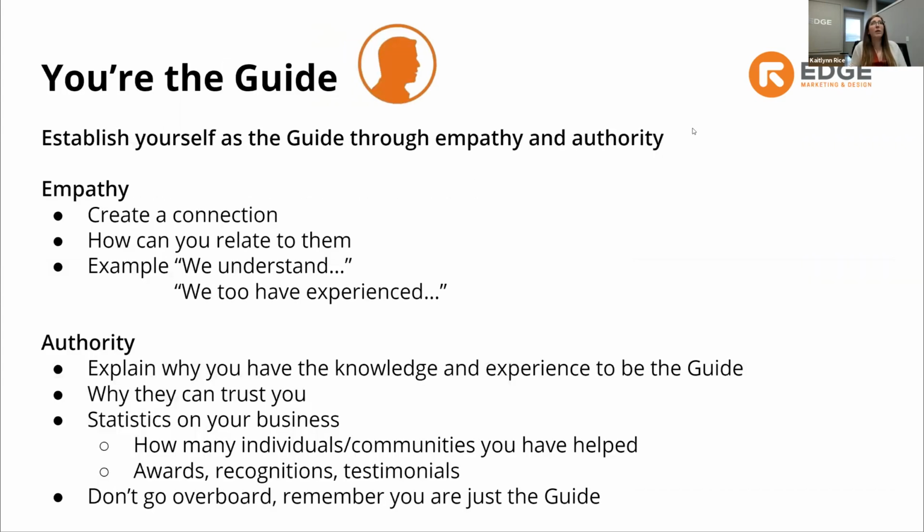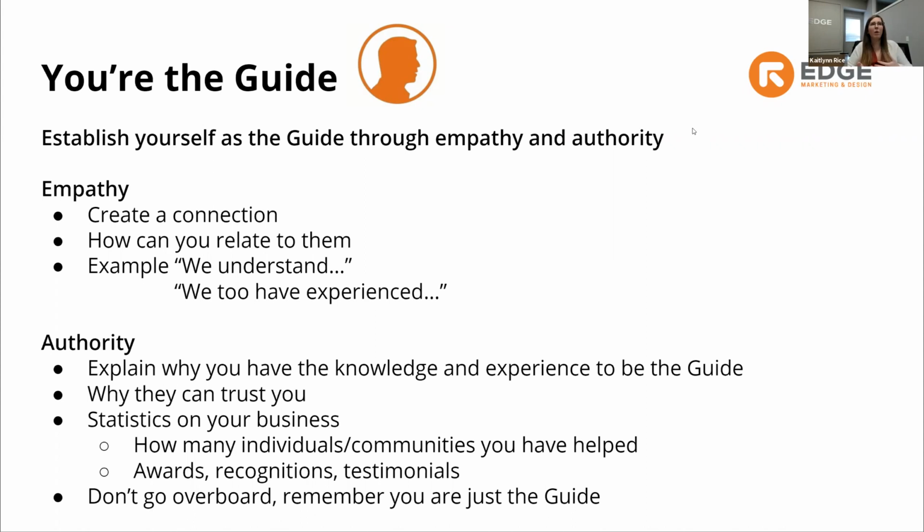So once we identify who your customer is, what they want and what they experience, we can introduce your company as the guide. As the guide, you're going to guide your customer through how you are going to be able to help them. By establishing yourself as the guide, you want to create empathy and authority.